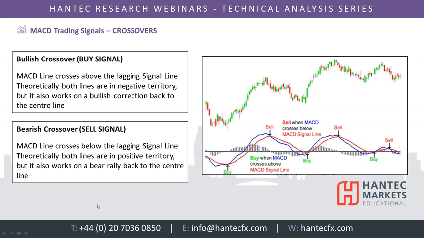Now the good thing about the histogram is it does sometimes give you earlier signals, as you can see in this example here, where the MACD histogram has begun to fall over and start to decline, obviously well before this crossover sell signal. So you're beginning to get a little bit concerned about your long position in this area here, and through this period of trading.